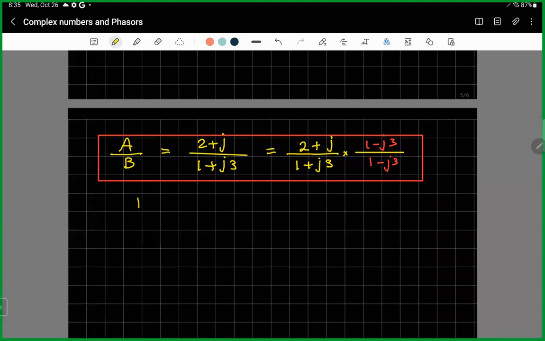So when b is equal to 1 plus j3, its conjugate will be 1 minus j3. You don't have to think about it, I just want to do it fast. What's A? 1. What's B? 3.